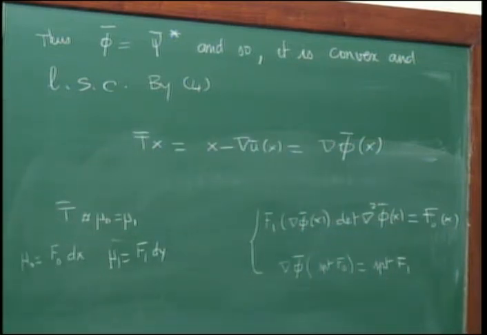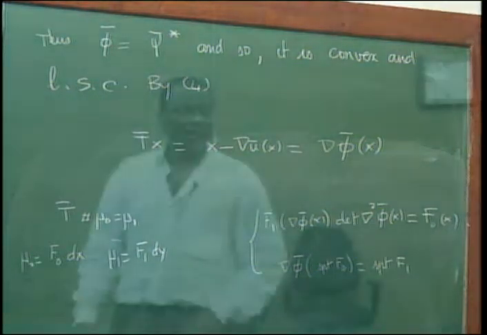So that is the Monge-Ampère problem of the second type. In the Monge-Ampère problem of the first type, you impose a Dirichlet condition. In the Monge-Ampère problem of the second type, you impose that the range of the gradient of phi bar is prescribed.